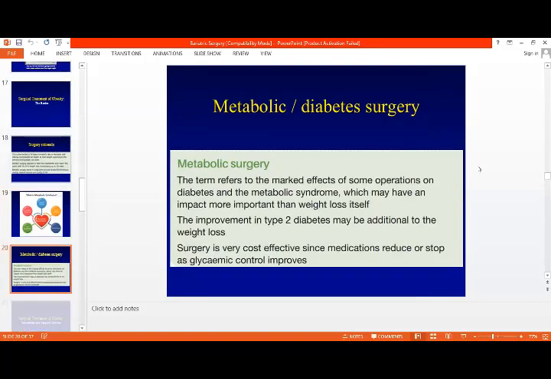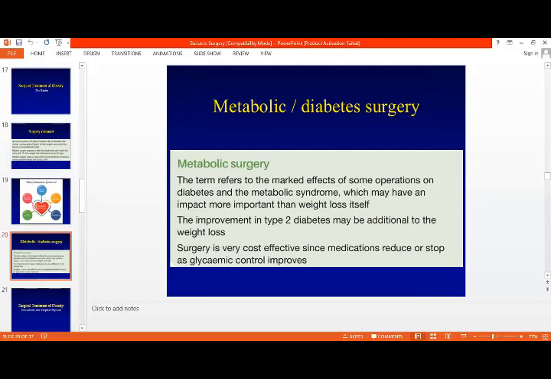So that's why nowadays a lot of people are coming to surgeons for the treatment of their diabetes via a surgery. This is called metabolic surgery or diabetes surgery, because these bariatric operations have a marked effect on diabetes and metabolic syndrome, and actually that effect is more important than weight loss itself.